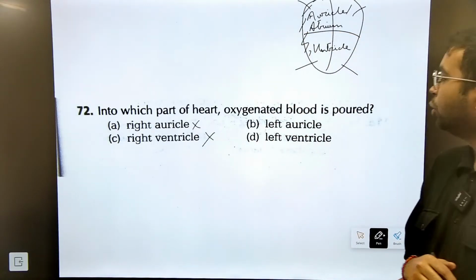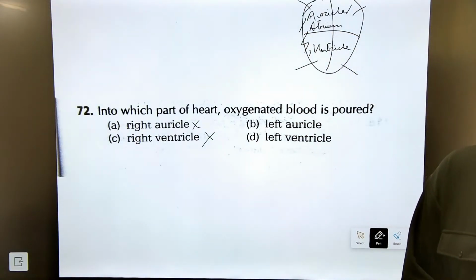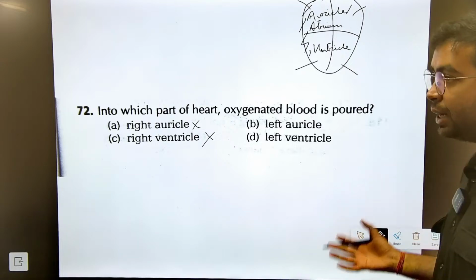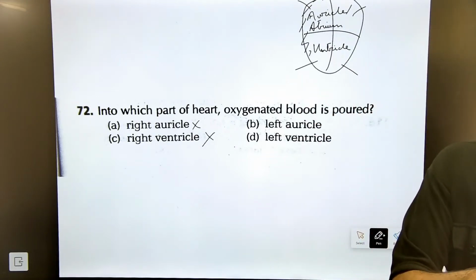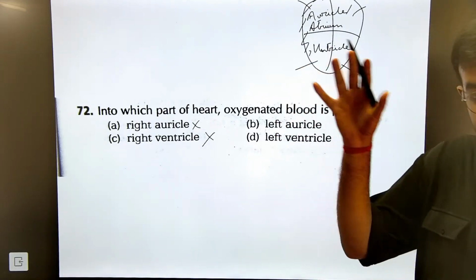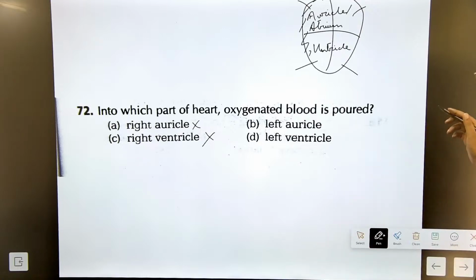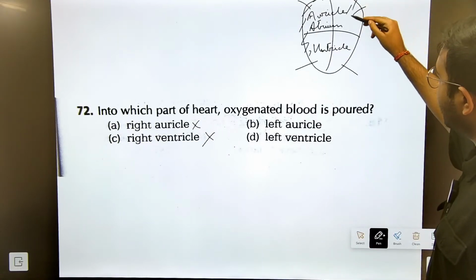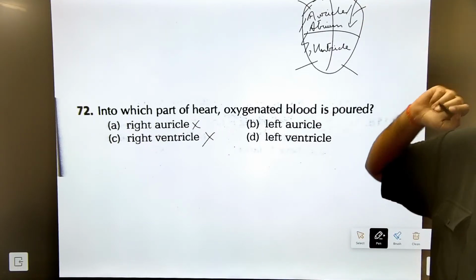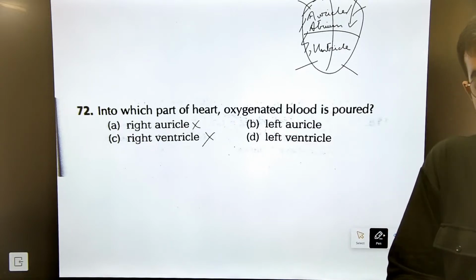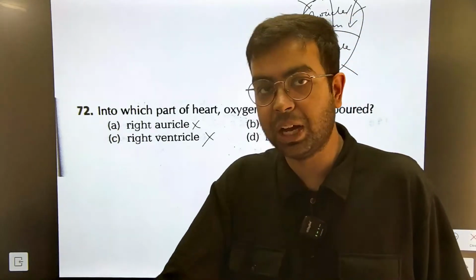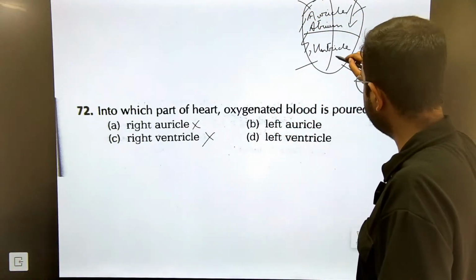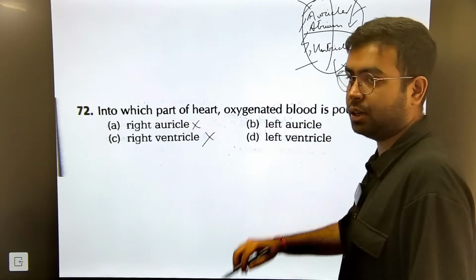Now see, always remember, whenever blood is deposited into the heart, it is always poured in from the top. And whenever blood is poured out of the heart, it is always poured out from the bottom of the heart.